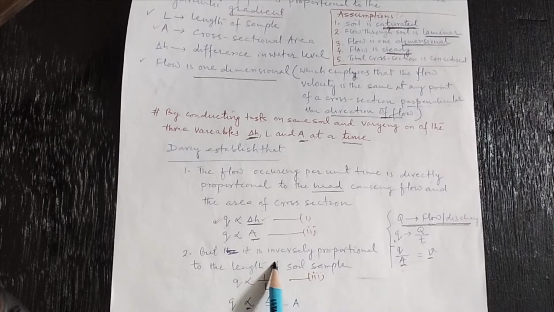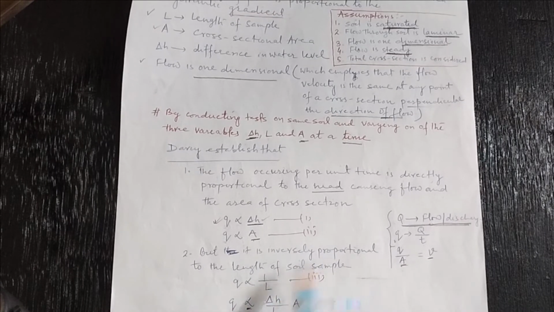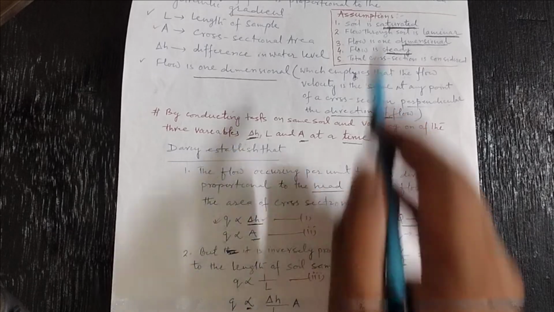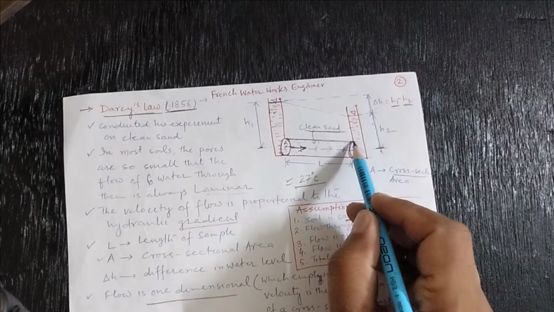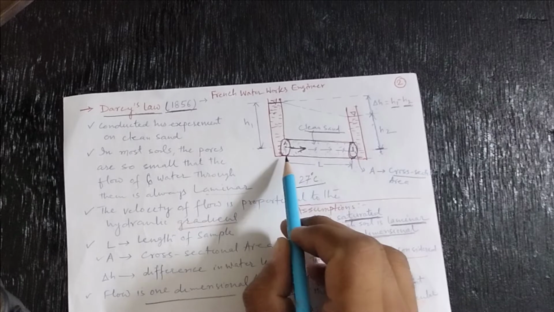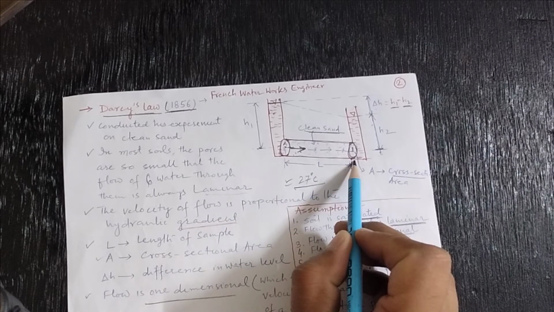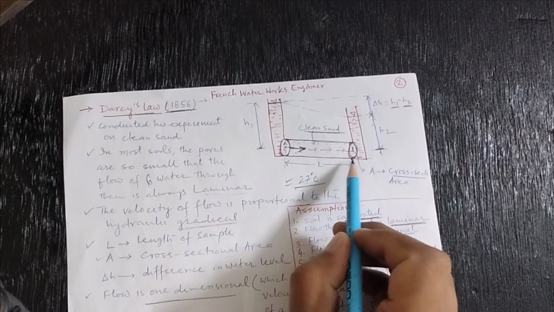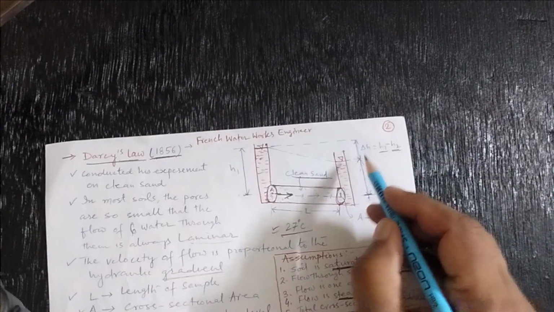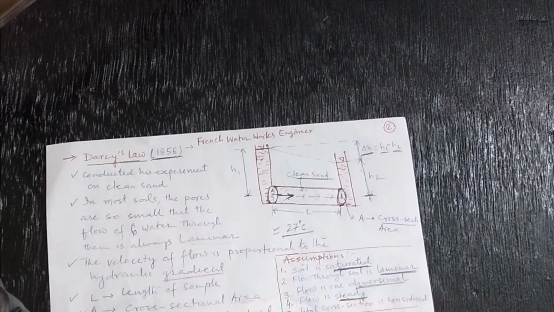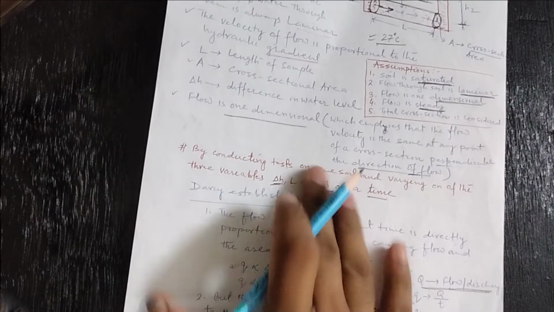But it is inversely proportional to the length of the soil sample. So it is directly proportional to the cross section, inversely proportional to the length of the soil sample, and directly proportional to the head delta H, H1 minus H2.